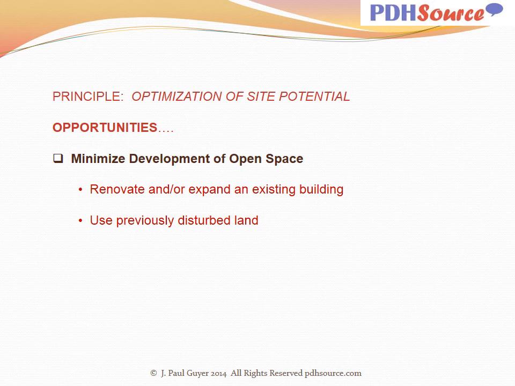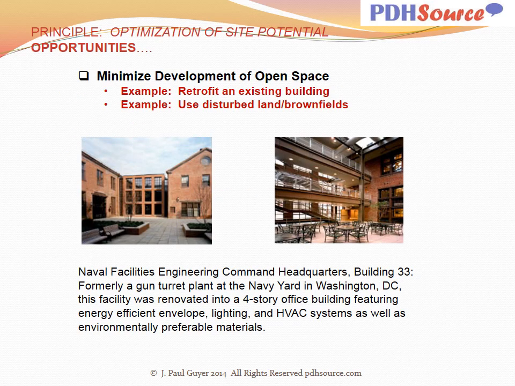So if you build it on the previously disturbed land where the underutilized parking lot is located, then you can leave the pristine meadow undisturbed, and that is generally recognized as being something that's useful in working towards the goals of sustainable design.